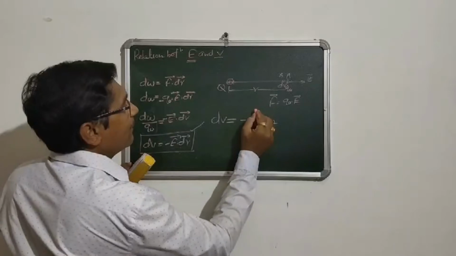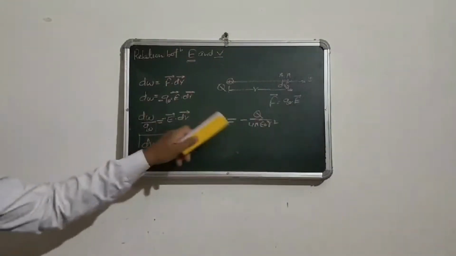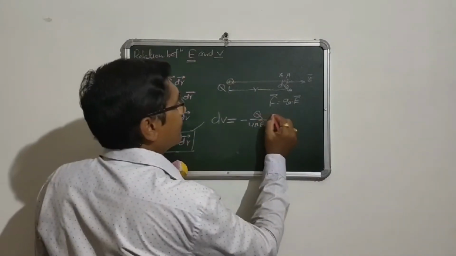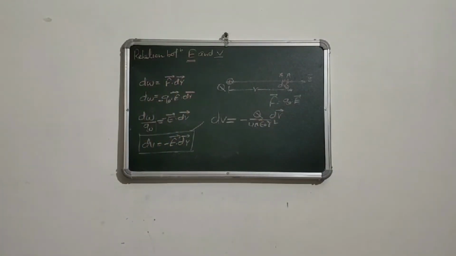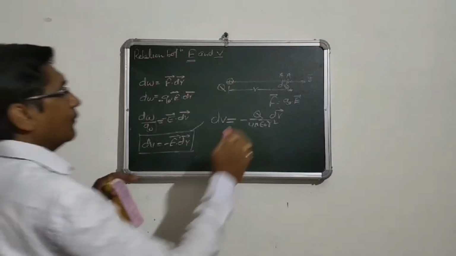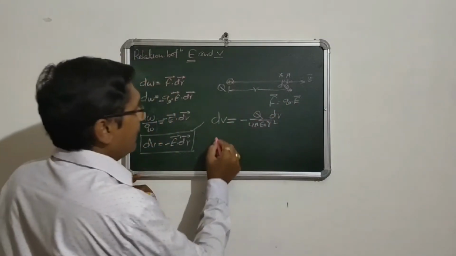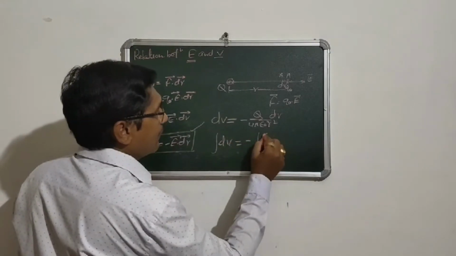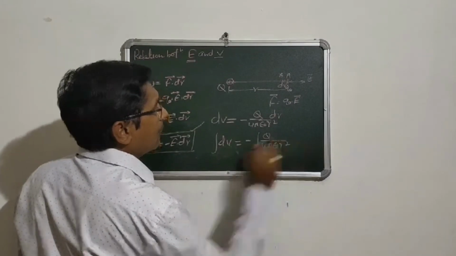Here the source charge is capital Q. So the value of electric field equals Q upon 4 pi epsilon naught r square at r distance, and here is the magnitude of dr. Clear? After taking integration, dV equals minus integration Q upon 4 pi epsilon naught r square dr.